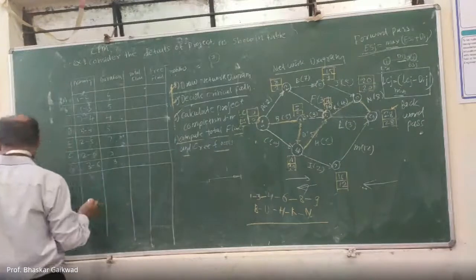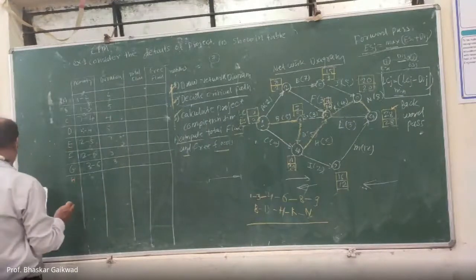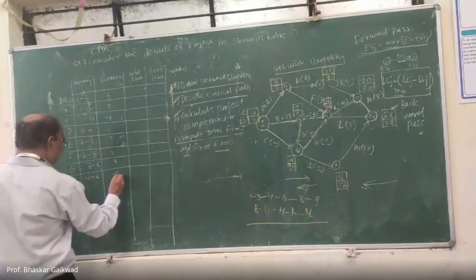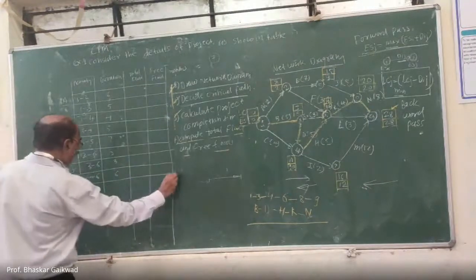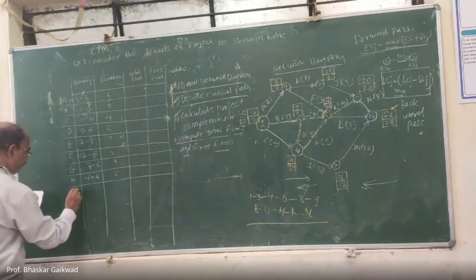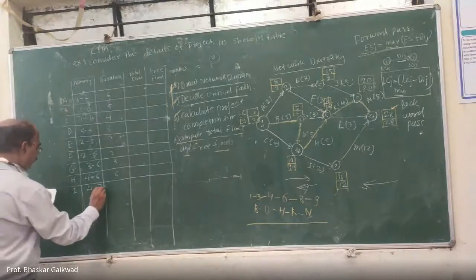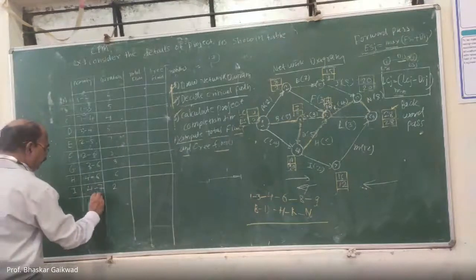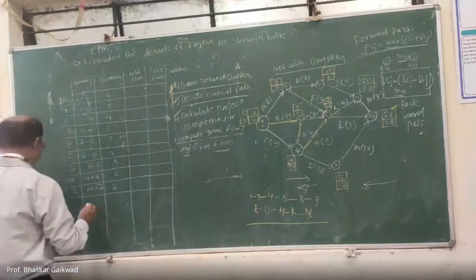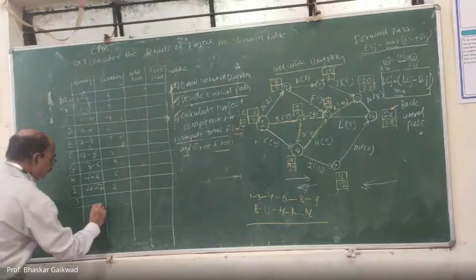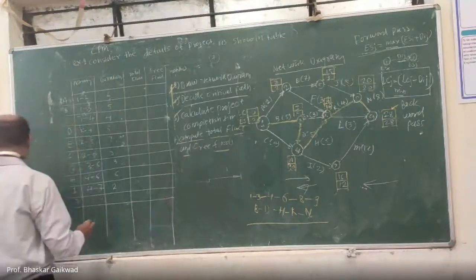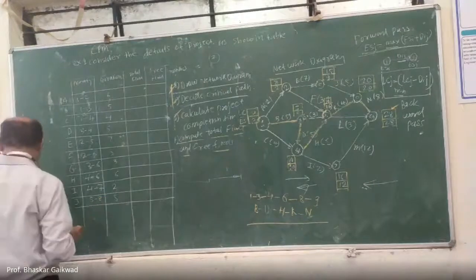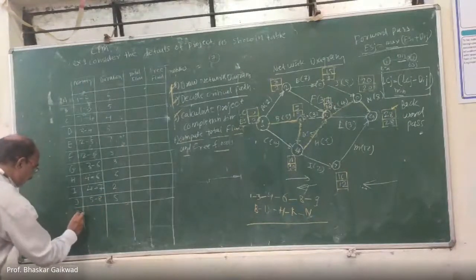After that, H is there, activity 4 to 6, and the duration is 6. After that, I is there, activity 4 to 7, and the duration is 2. After that, J is there, activity 5 to 8, and the duration is 5.